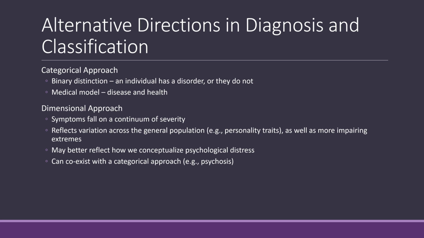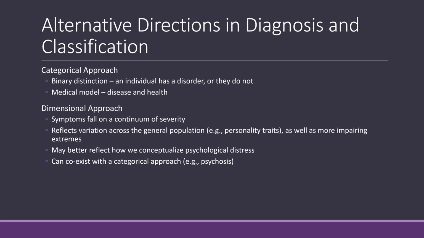The alternative to this categorical approach would be a dimensional approach, in which symptoms fall on a continuum of severity. We can think about personality traits like introversion and extroversion: we can all be measured on that scale. We can take the general population, measure it, and say that some people are at the extremes, but everyone falls somewhere on the line.